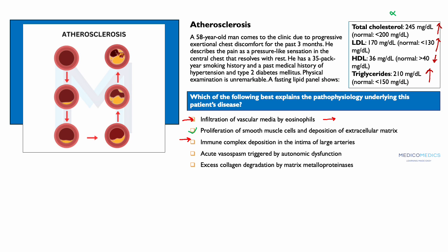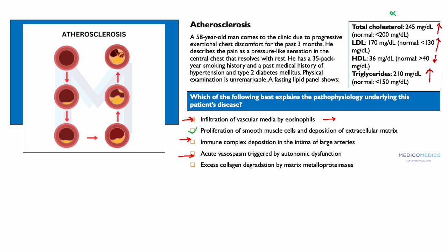What about alternative C, immune complex deposition in the intima of large arteries? Well, this mechanism is typical of immune complex mediated vasculitides, like, for example, polyarteritis nodosa, so PAN. Key here is that atherosclerosis is not immune complex driven.